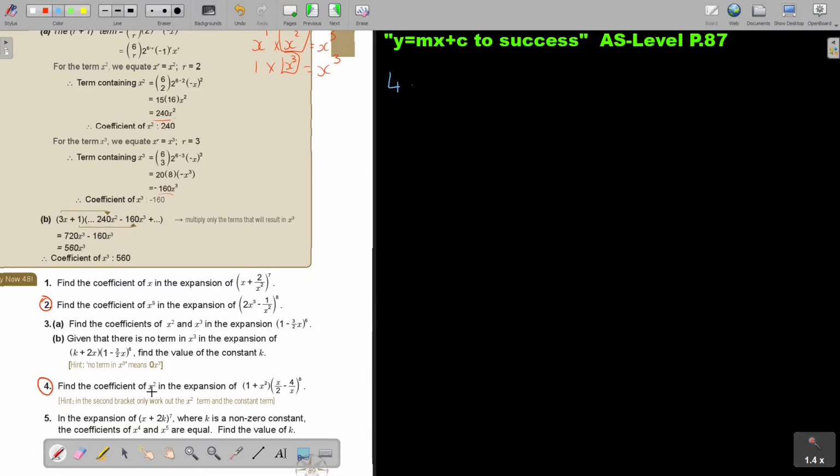Find the coefficient of x^2 in the expansion. So now you must multiply that out. For the second bracket, they only want you to work out the x^2 term and the constant term. Now why are they saying this? Start first by writing it down, and you have to think a little bit.